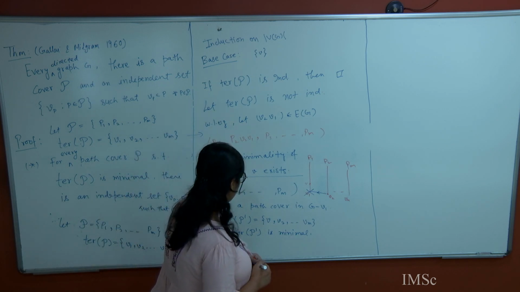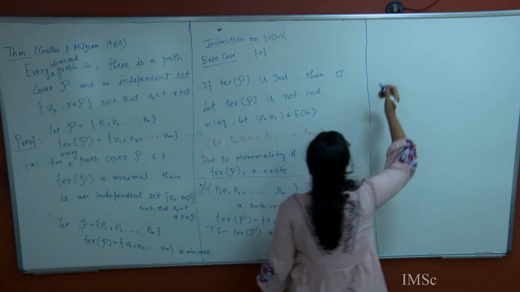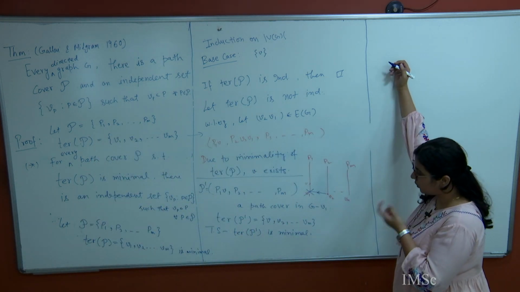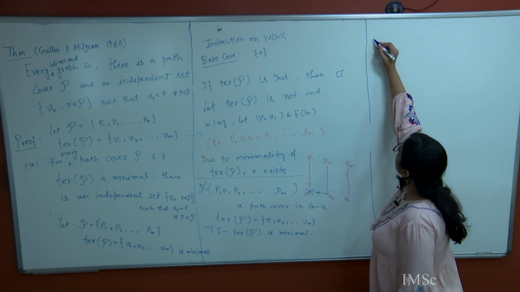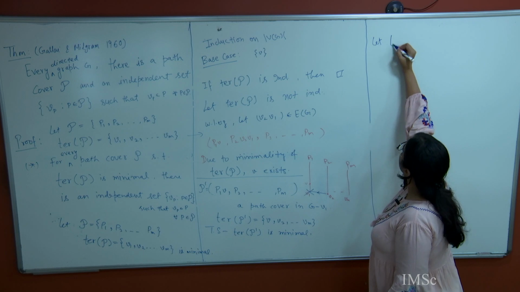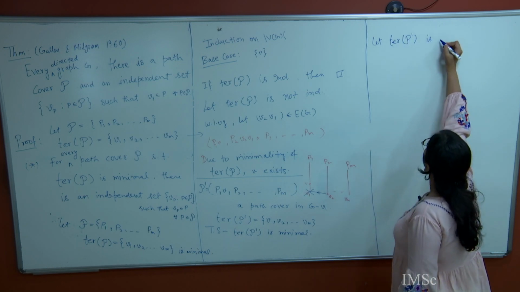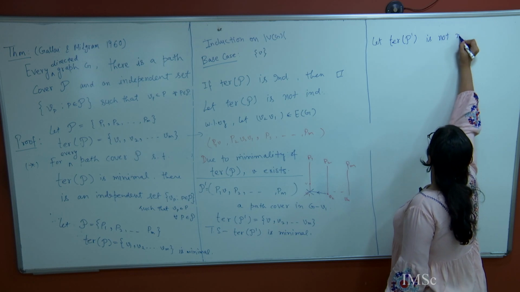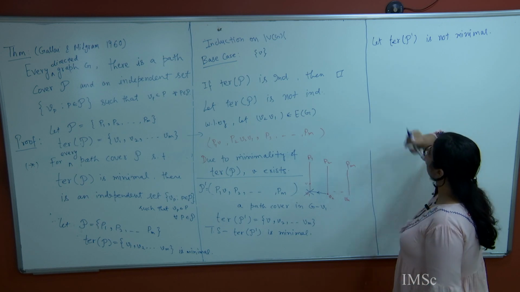Okay, so P prime is minimal. What will happen if it is not minimal? Let's see. So let the terminal set of P prime be not minimal. What does it mean?